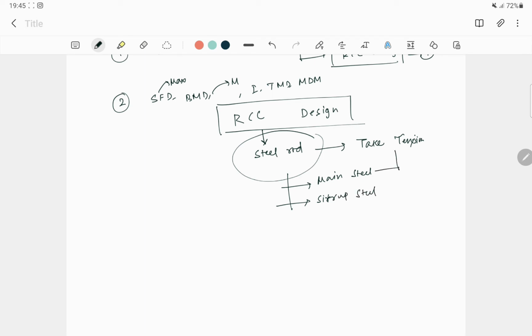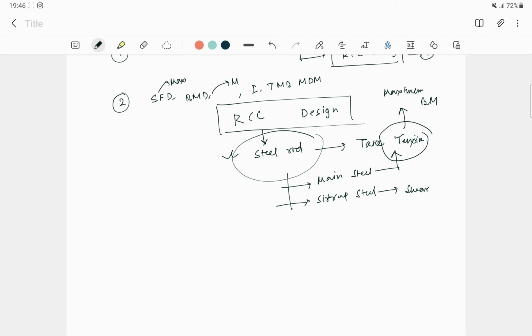The main steel rod takes tension and the stirrup resists shear, and this tension comes from your maximum bending moment. So for all the structures you have, you have to find the maximum bending moment, and as per the maximum bending moment, you have to provide the main steel rod. I hope the picture is getting clear slowly. Yeah, it is going to be fun.